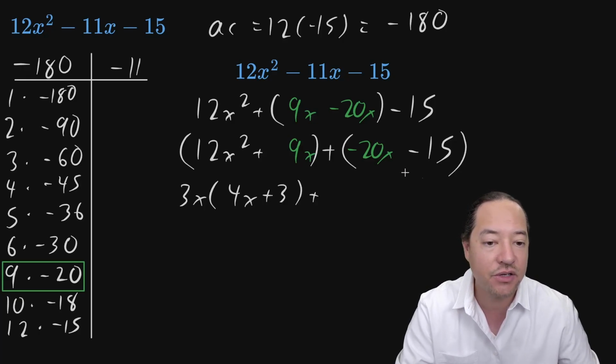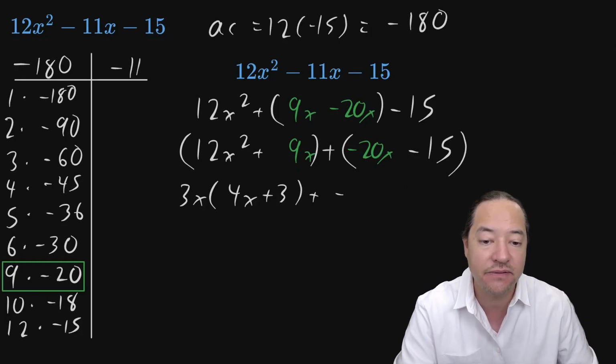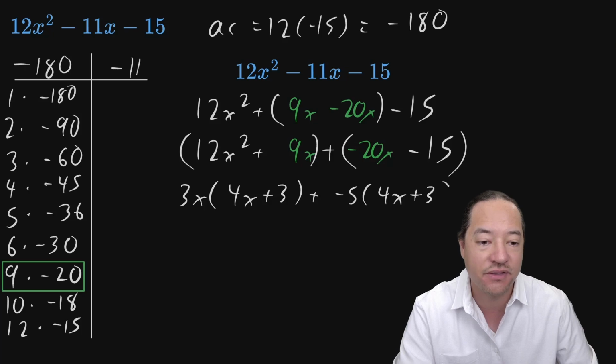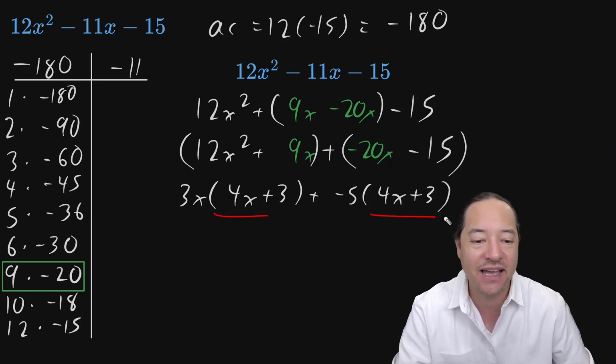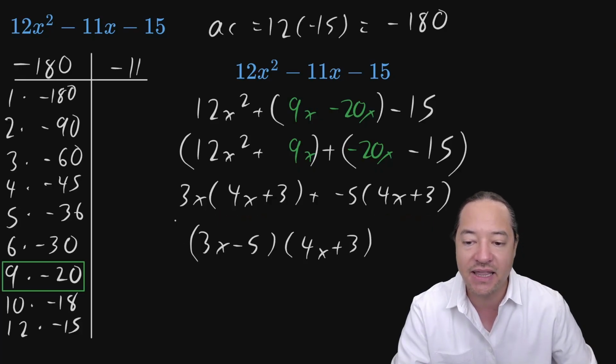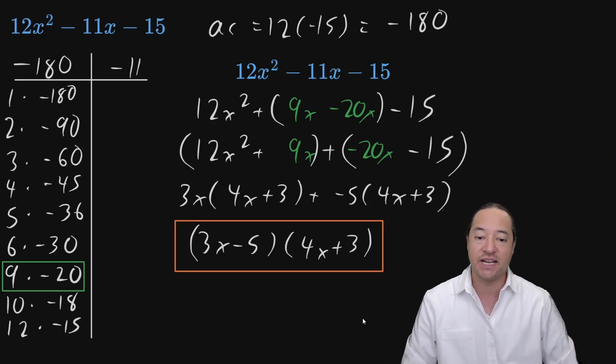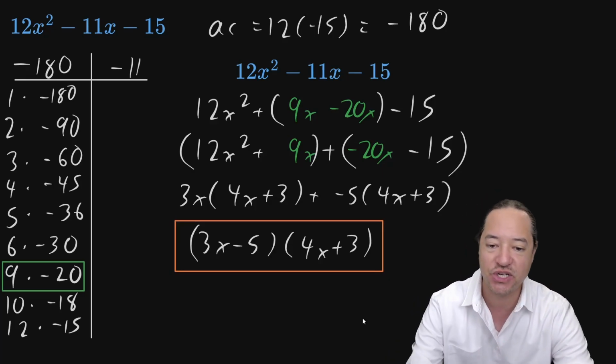And here we can factor out a negative 5. All right, I think a negative 5. And that'll give me a 4x plus 3. And so clearly we have a common factor here. So this becomes then 3x minus 5 times 4x plus 3. And that should be it. That should be the final answer that we're getting, the factorization for our original expression here.